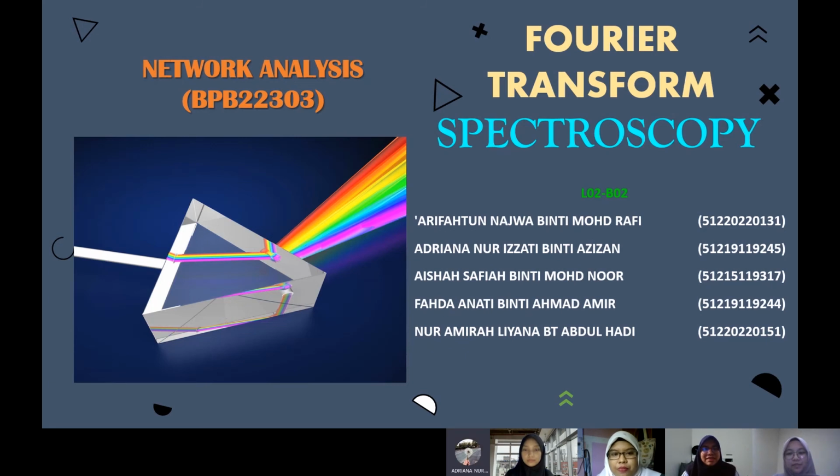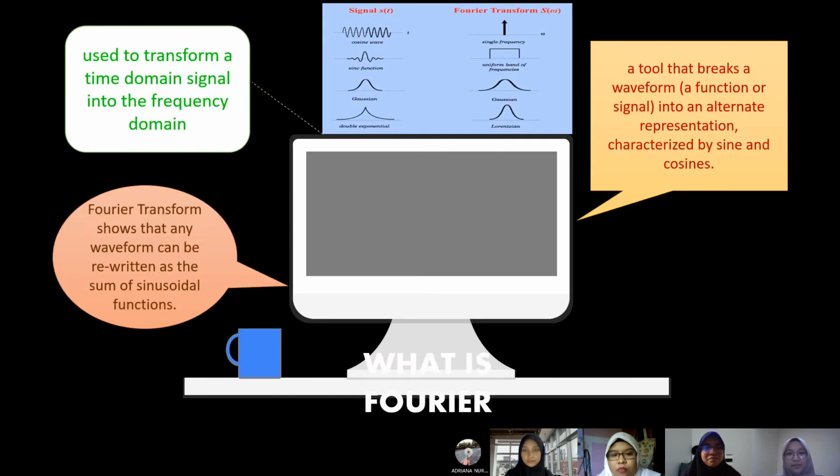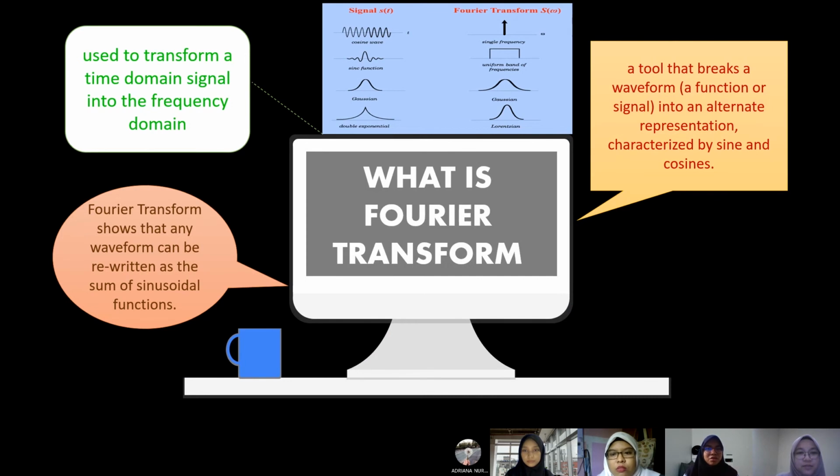Okay, next slide. Okay, what is Fourier transform? Fourier transform is a tool that breaks a waveform, a function or signal, into an alternate representation characterized by sine and cosine waves. It is also used to transform a time domain signal into the frequency domain.